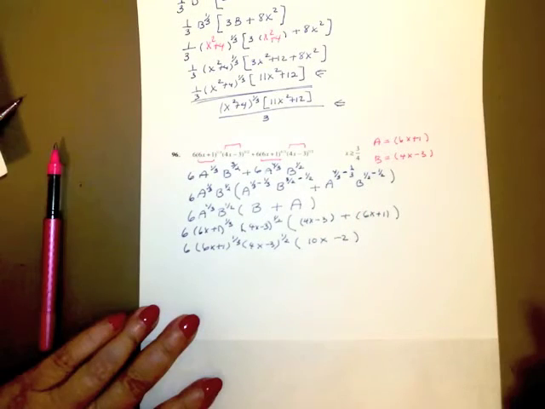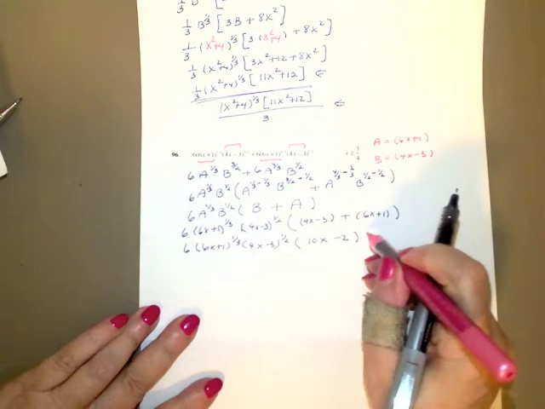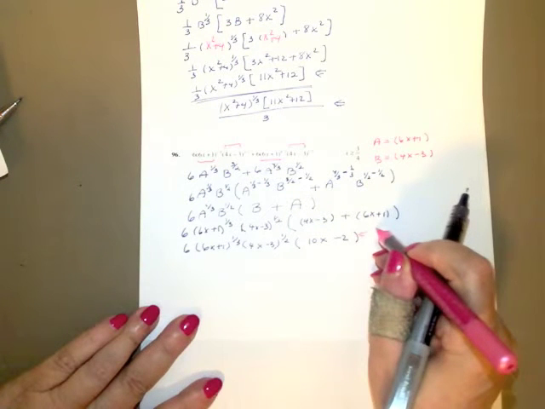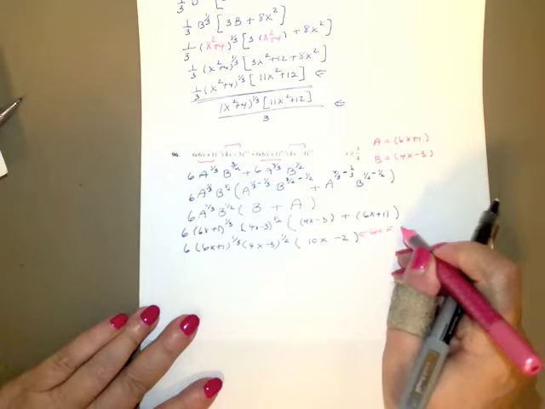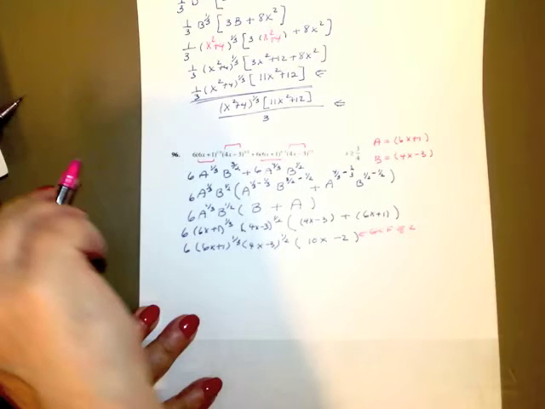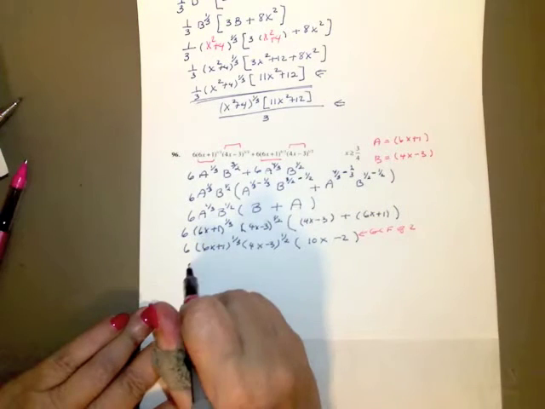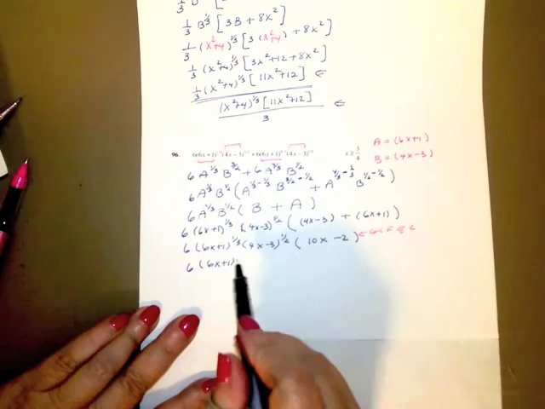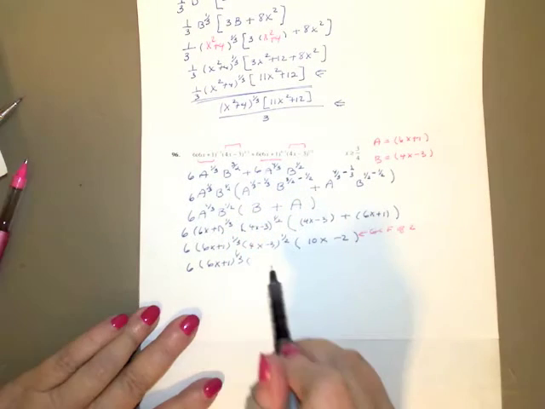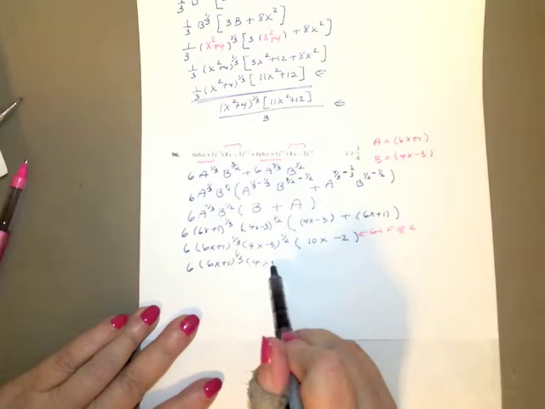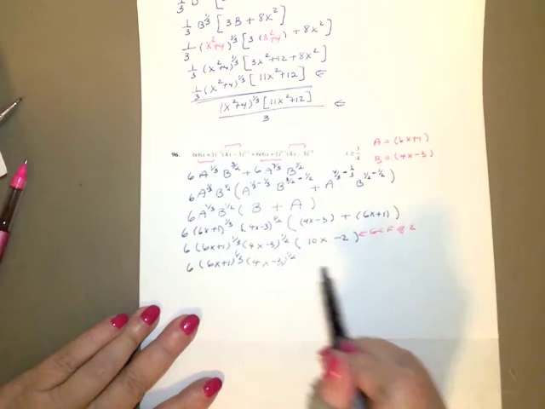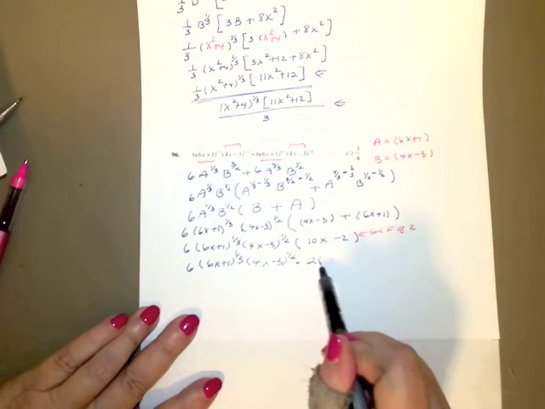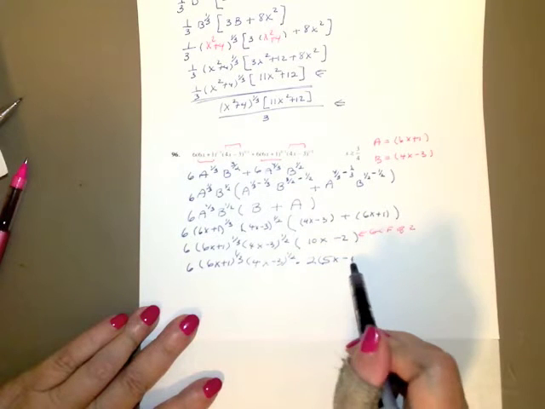But unfortunately, this guy has a GCF of 2, so I need to remove him because I'm not done. 6 times 6x plus 1 to the 1/3, 4x minus 3 to the 1/2, 2 times 5x minus 1.